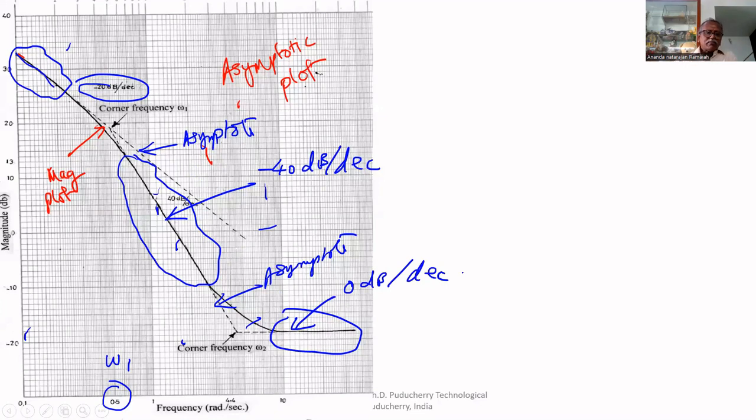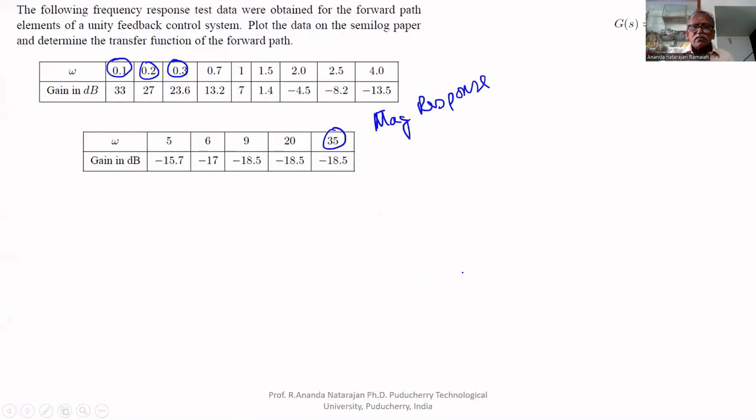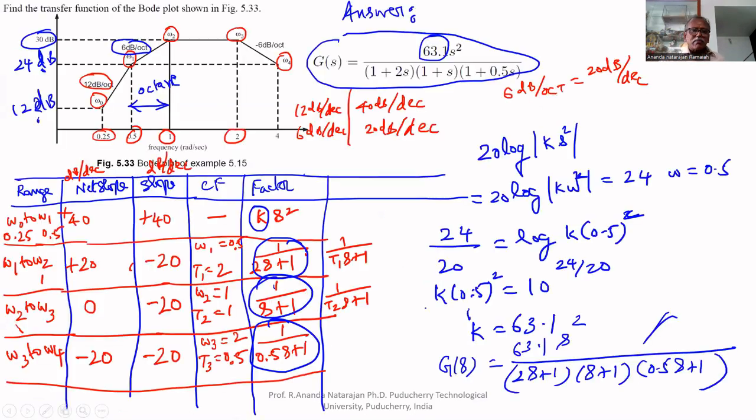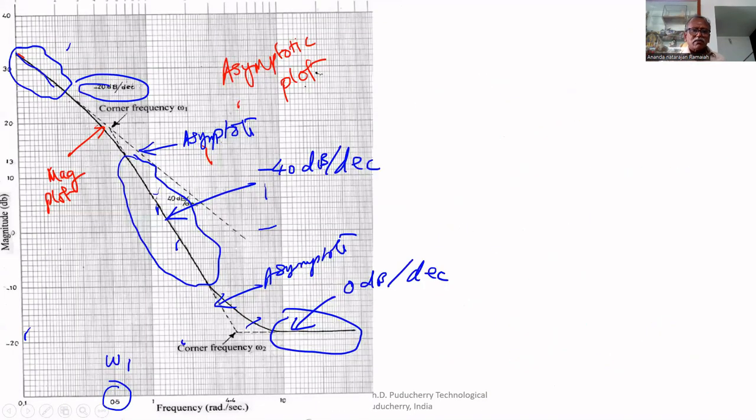Now we will find the transfer function. We know that it has one S because initially it is not horizontal. It is inclined at minus 20 dB. Therefore, K by S, and one first order factor in the denominator because it has a minus 20 dB slope here.